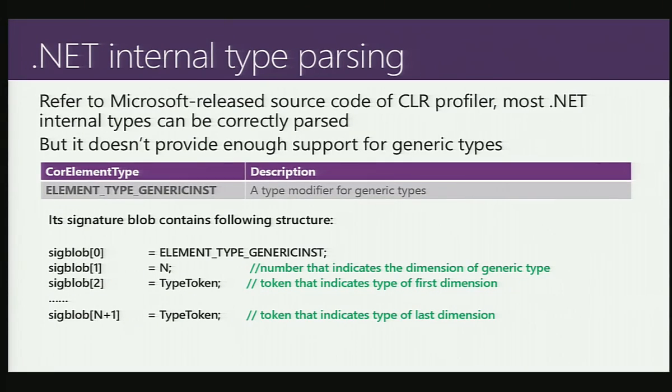Then the second element of this signature blob is a number n, which indicates the number of dimensions that this generic type has. And then it is followed by n signature blobs, each of which indicates a token of the corresponding dimension, and indicates which type that dimension is.